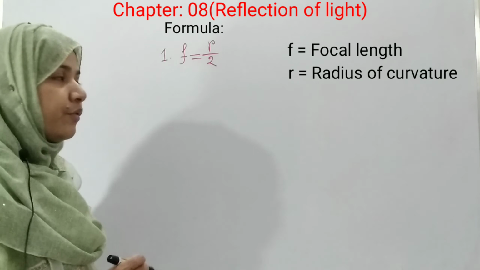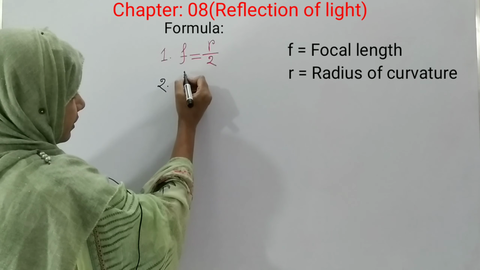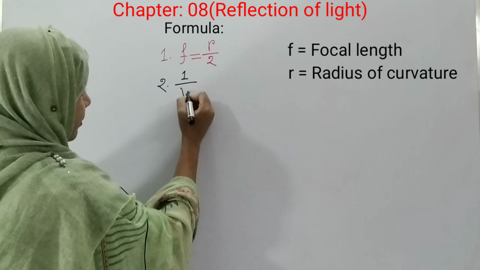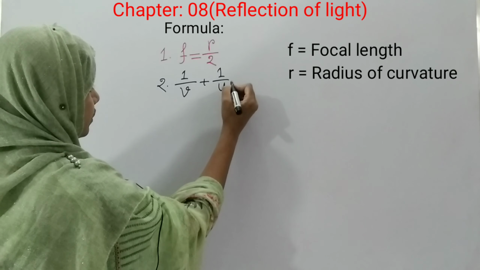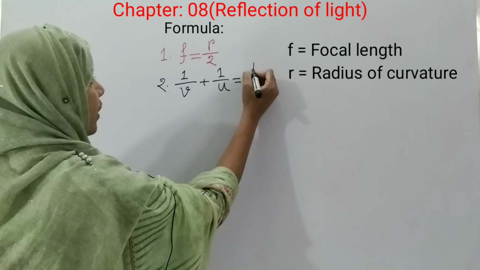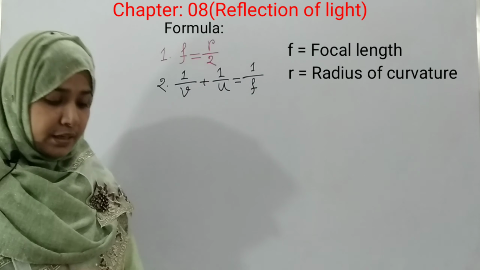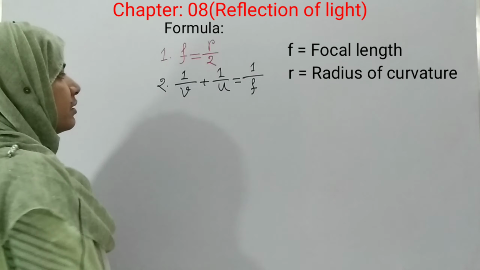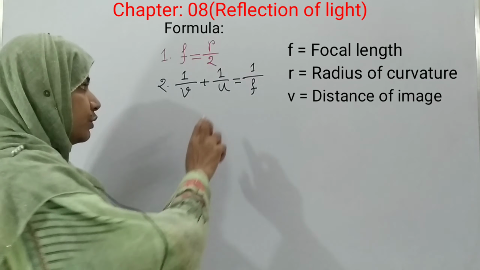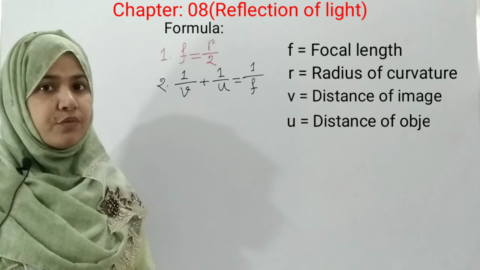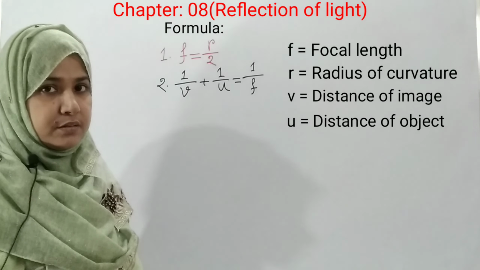Second formula is 1 divided by V plus 1 by U equals 1 by F. Here V means distance of the image, U means distance of the object, and F is focal length.